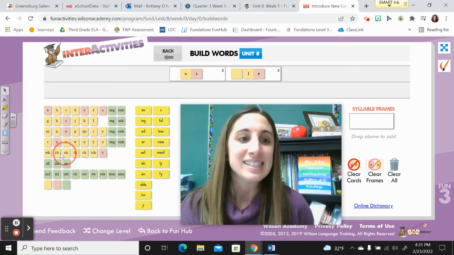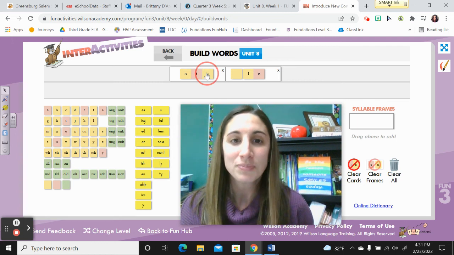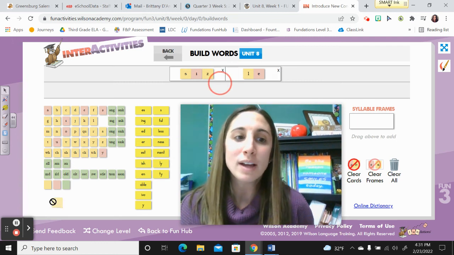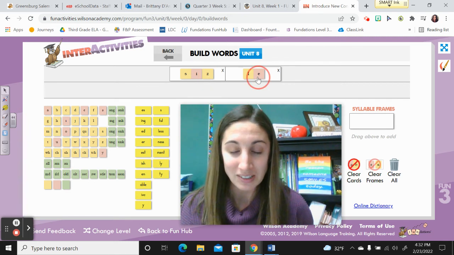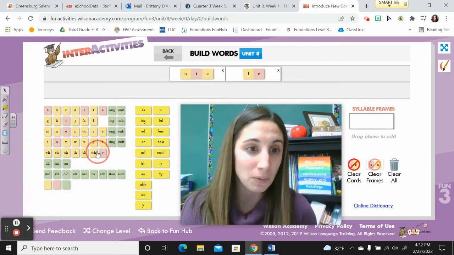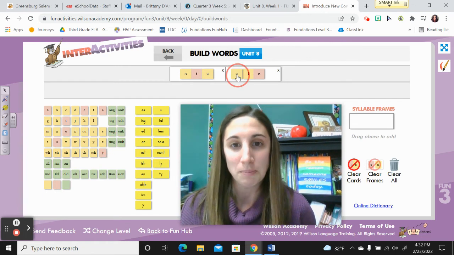S-I-Z. Very good. Now say the word sizzle. Is there only one sound in between the first syllable and the ul? Sizzle. So we need to double that and put it with the consonant LE.